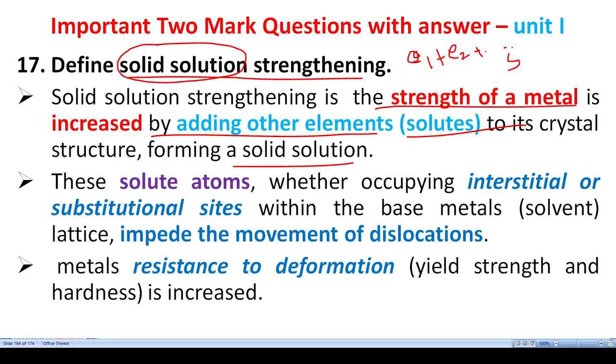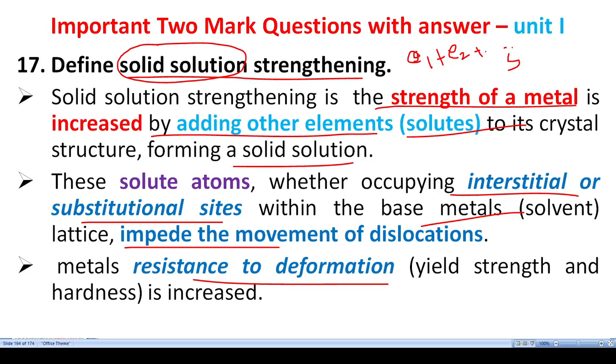The solute atoms occupy interstitial or substitutional positions within the base metal. This increases the strength, impedes the movement of dislocations and resists deformation. This is the purpose of solid solution strengthening.